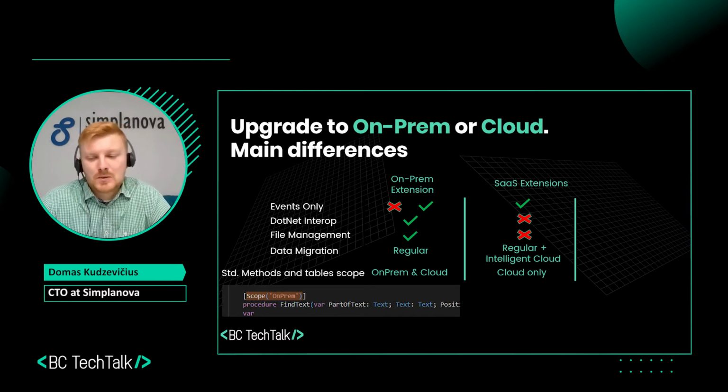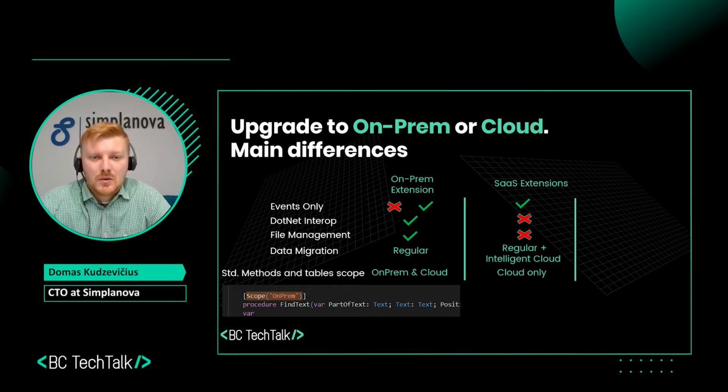You will send a request to Microsoft to add the new event in future releases, and somewhere in the future, with the next upgrade, you might move your base app modification to the events when the new event is available. Okay, that's a bit off topic, but if we're talking about the on-prem version, we usually use both options. And if you are going to the SaaS extension, there is no option.